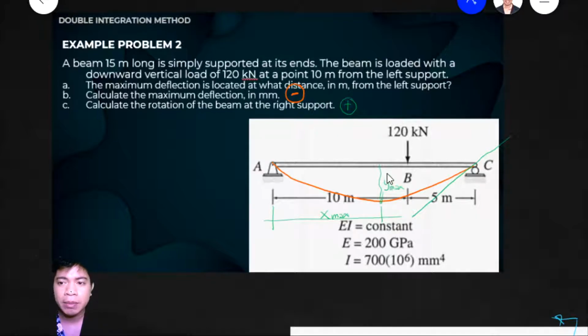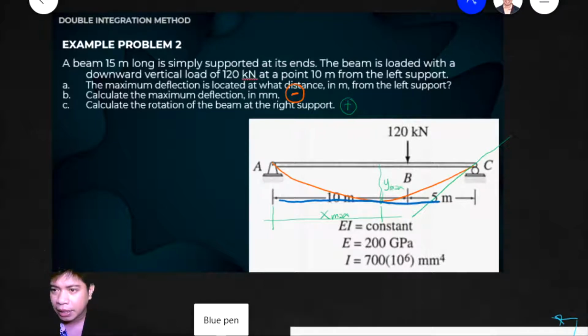Diba nga, yung maximum deflection is yung lowest point ng ating elastic curve. So kung ito yung lowest point guys, then kapag nag-drawing tayo ng tangent line sa may lowest point, lalabas natin ay horizontal, kasi nga lowest point siya. So yung tangent line niya horizontal, so therefore, yung ating slope niyan is equal to 0.